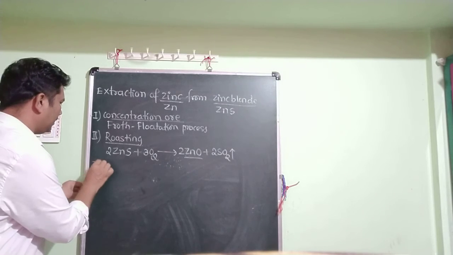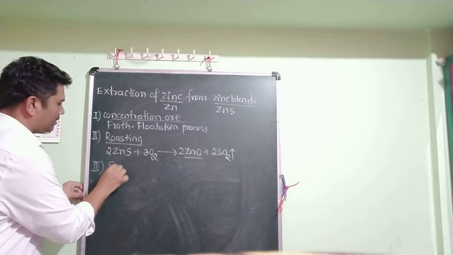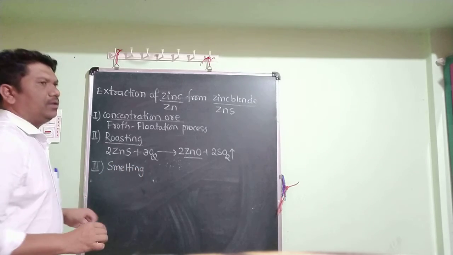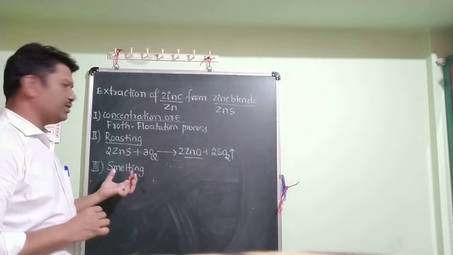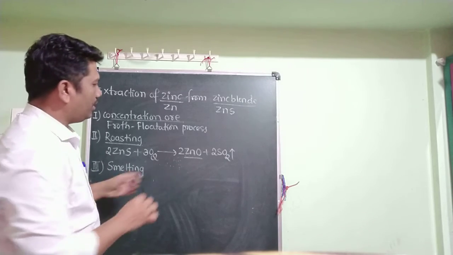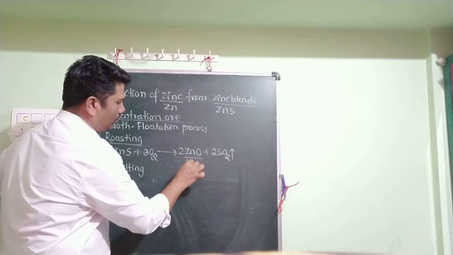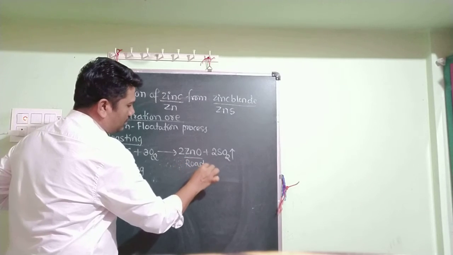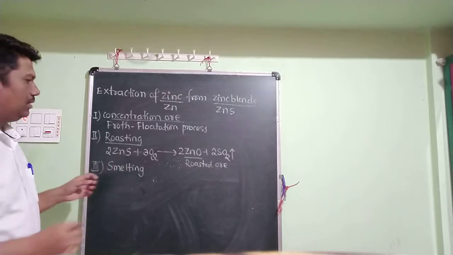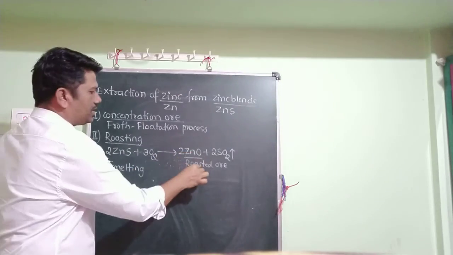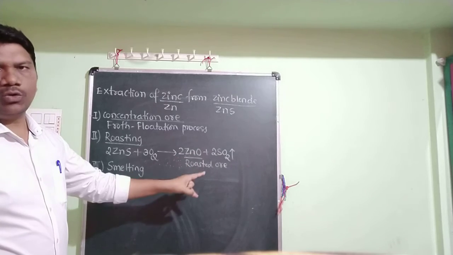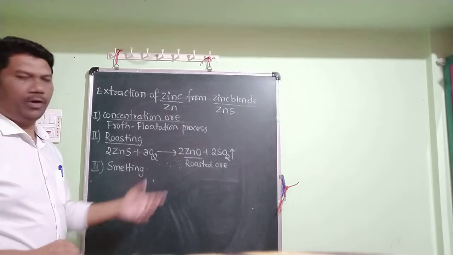Step number 3 is smelting. And you know what is smelting? During smelting, the roasted ore is mixed with coke to form zinc vapors.